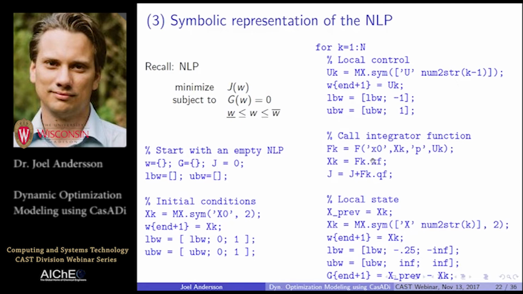And so this is going to create a new symbolic expression which contains function calls. So F here is our discrete time dynamics. It will create an expression of function calls to our ODE solver. So at the end of this, we're getting symbolic expressions for essentially J and G here.